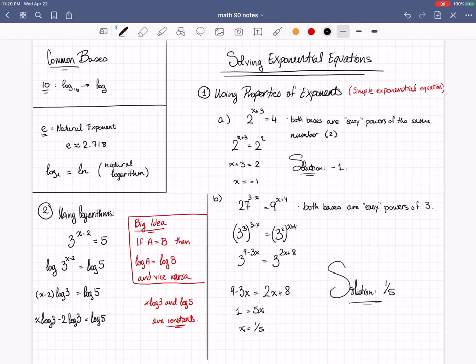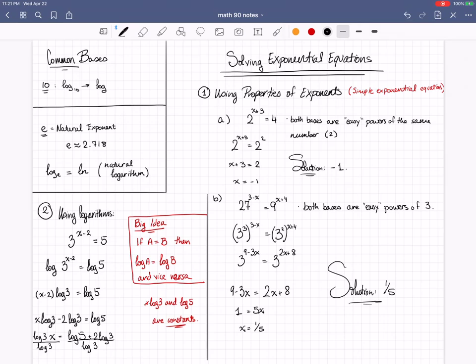Our goal is to get x by itself. So we're going to subtract, or rather, excuse me, add 2 log 3 to both sides. And then we want to get rid of that log 3 on the left, so we're going to divide both sides by log 3. And remember, log 3 is a constant.